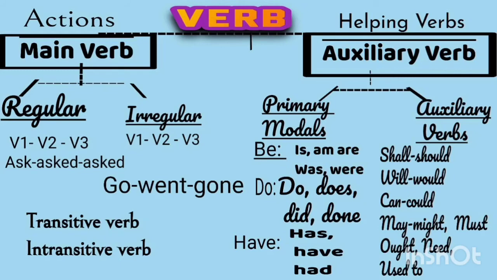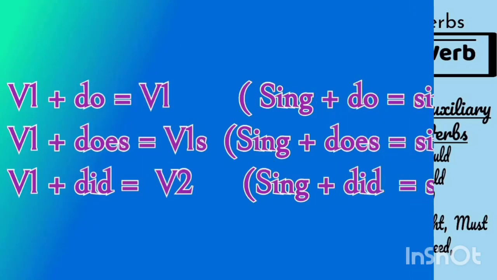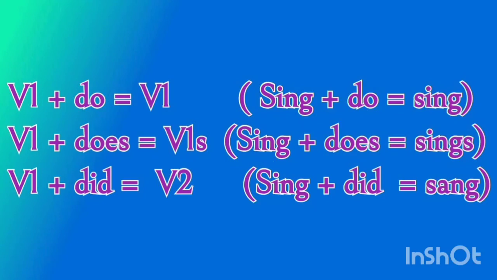Well, coming to do forms, they are very important. Do forms help us act as a main verb, and they are always part and parcel of action words. Look at an example: V1 plus do is equal to V1. Sing plus do is equal to sing.